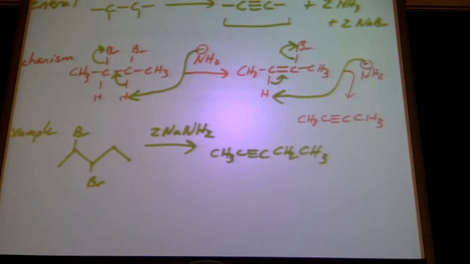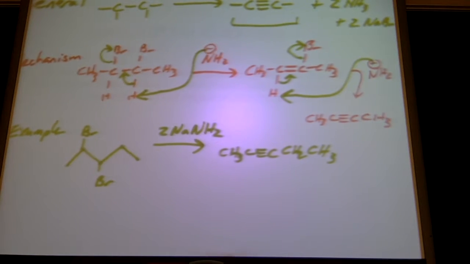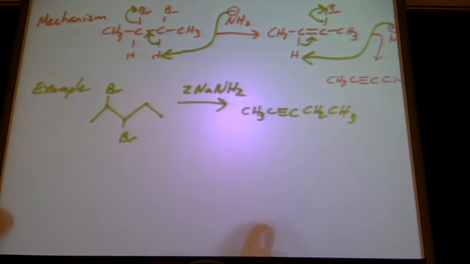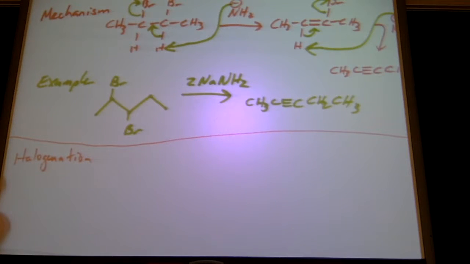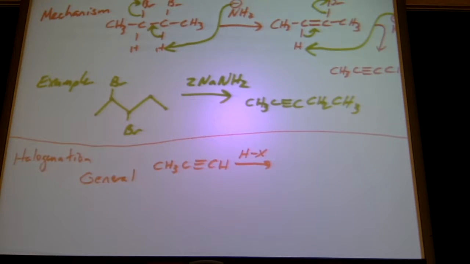So now let's look at some reactions that alkynes can undergo. One reaction is halogenation, where you add a halogen to them. So if you use 1 molar equivalent, your addition will take place once.